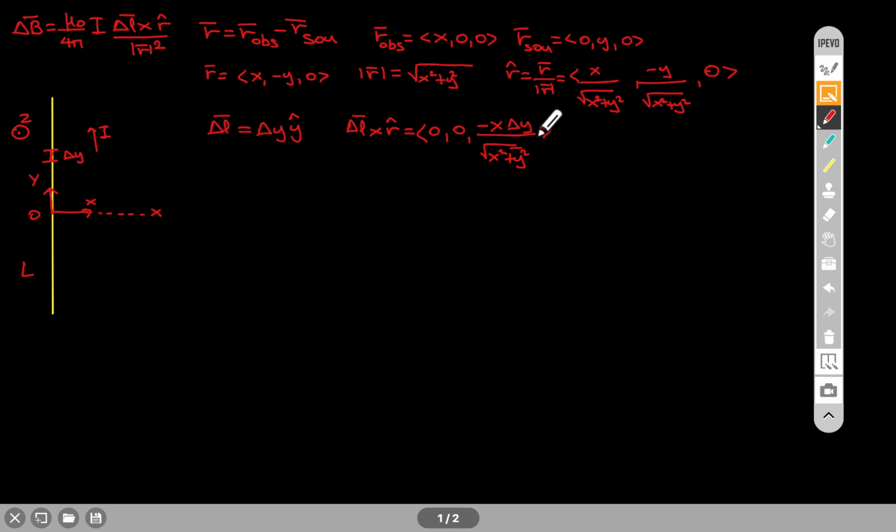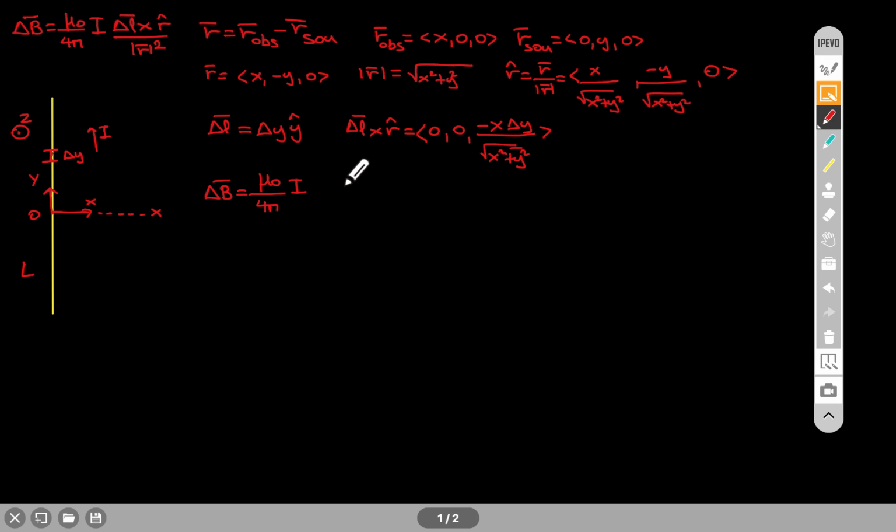Now that I have the expression for the cross product, and I have the magnitude, I can use everything in the expression in Biot-Savart's law. So delta B will be the constant. I have the current.